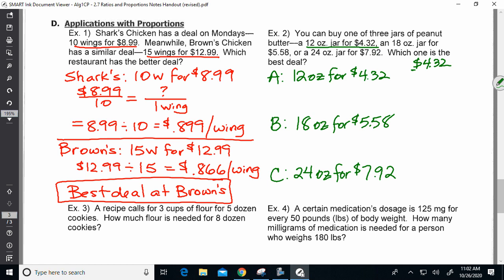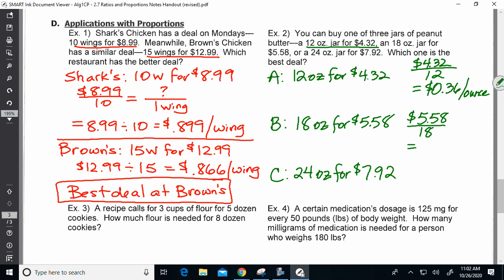$4.32 over 12 ounces. So if I get jar A, how much am I paying per ounce? 36 cents. So 36 cents per ounce. So that's the unit rate for jar A. Jar B, 5.58 over 18.